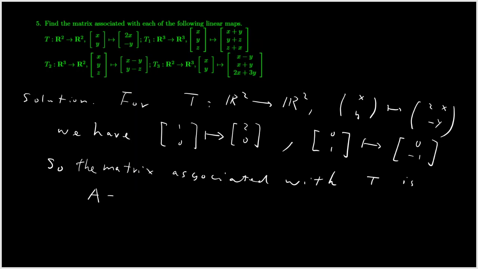Is the matrix A. The matrix A is formed by the components of the outputs of i and j. So the first column has 2, 0, and then the second column has 0, negative 1, right? So that's the matrix.